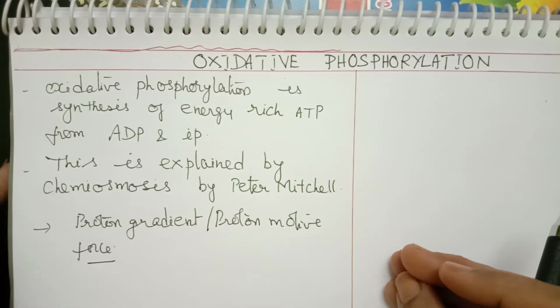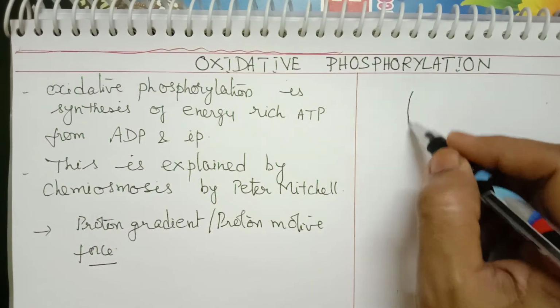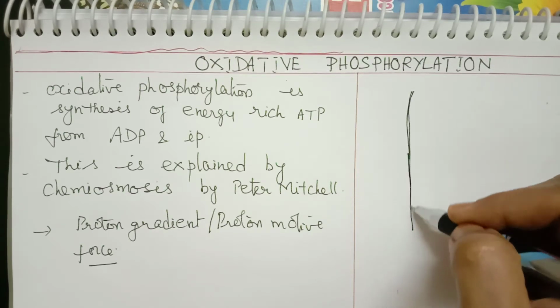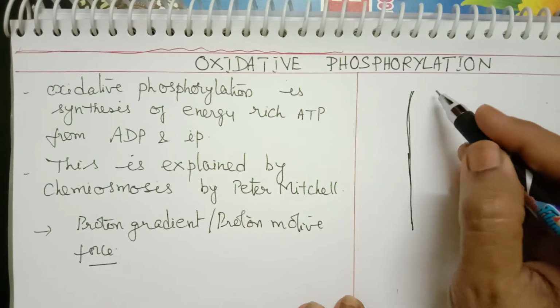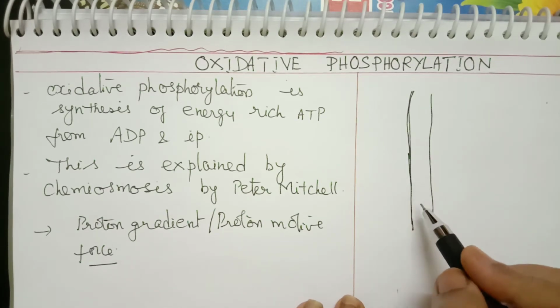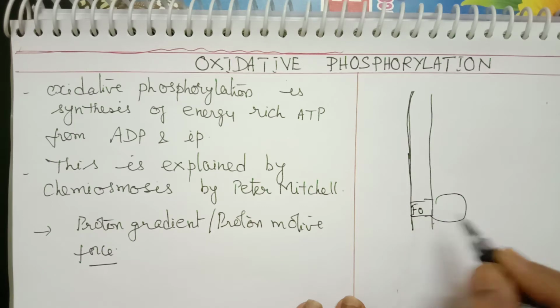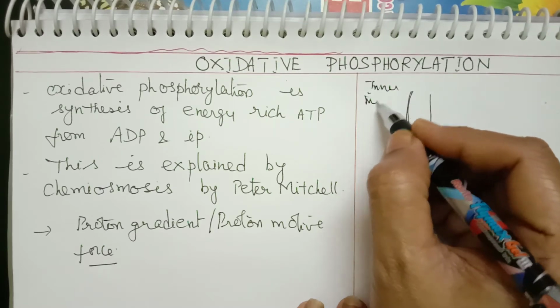Diagrammatically, this is towards the fifth complex, consisting of F0 and F1, which lies in the inner membrane.